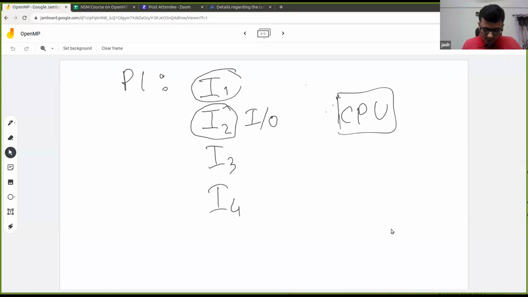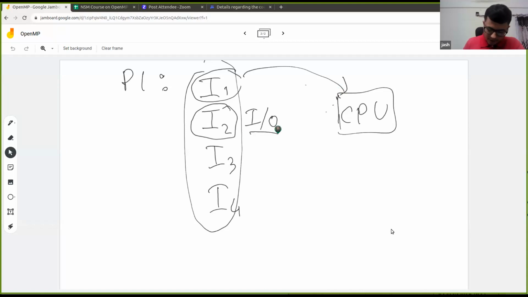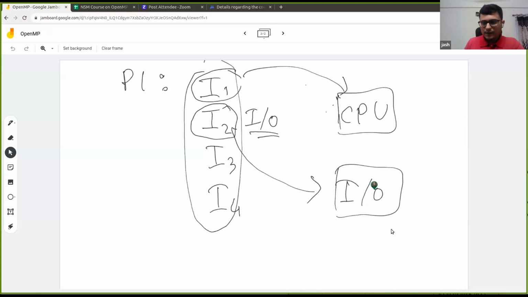There are a set of instructions that the CPU can execute. Now, if a particular instruction is an IO instruction, then it will go for an IO, and meanwhile the CPU can pick up another instruction for its execution.